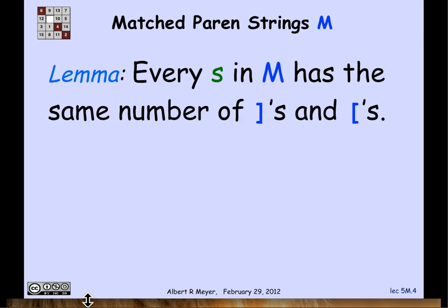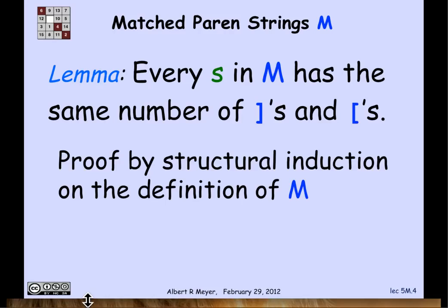Now let's look at a somewhat more interesting example, which was the set M of matching right and left brackets. What I want to prove by structural induction is that every string in M has the same number of left brackets and right brackets.